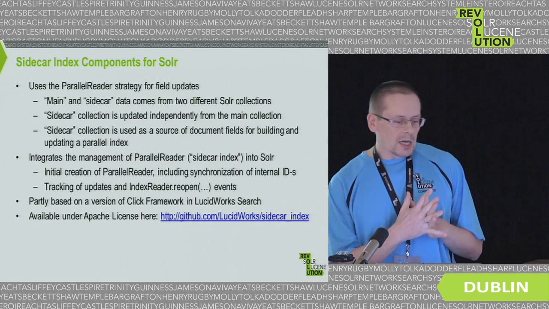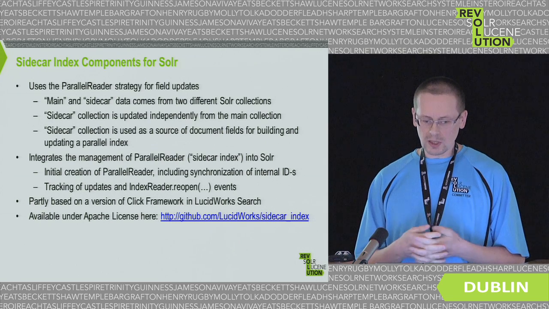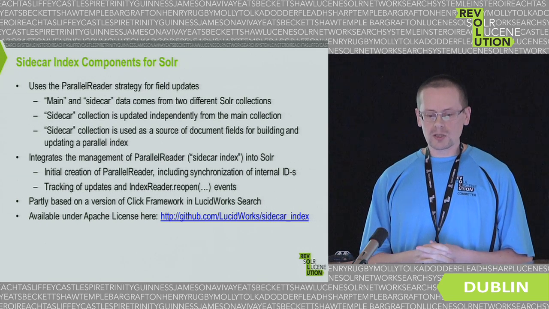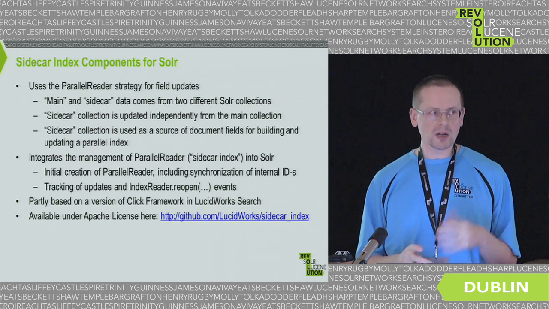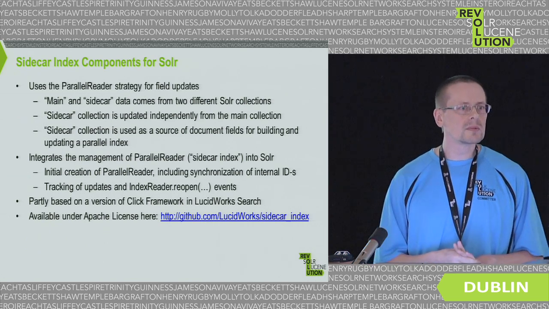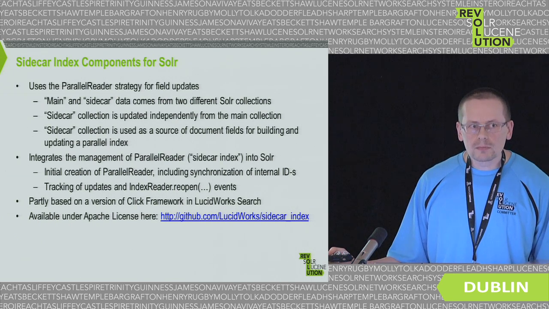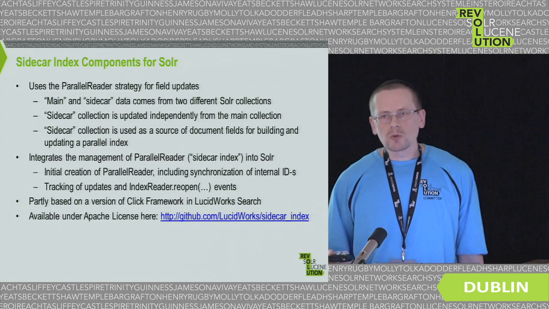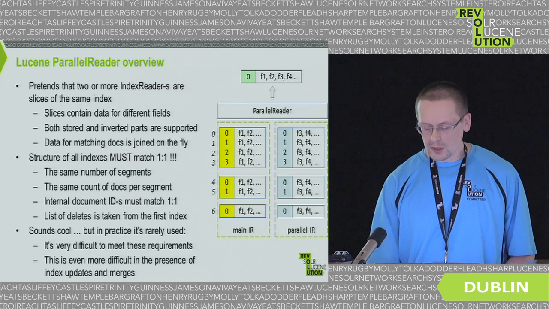So the thing that I've been working on for the last several months was a suite of components for Solr that can handle this parallel indexing. The question was, why do we want to have this parallel index? Let's go back to this slide.